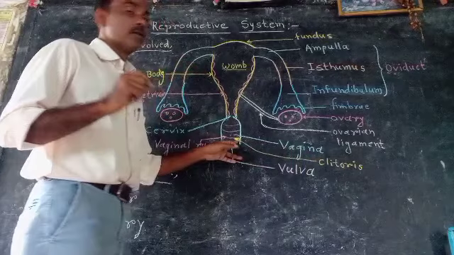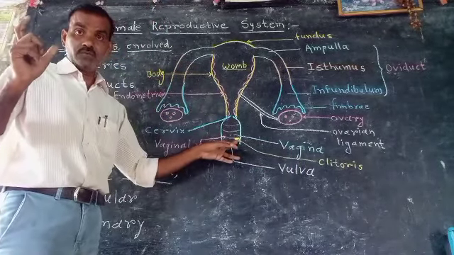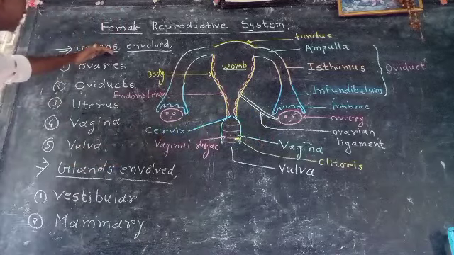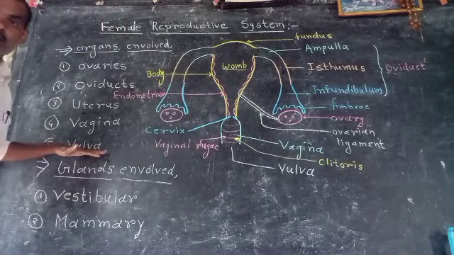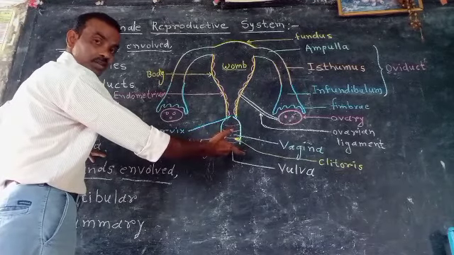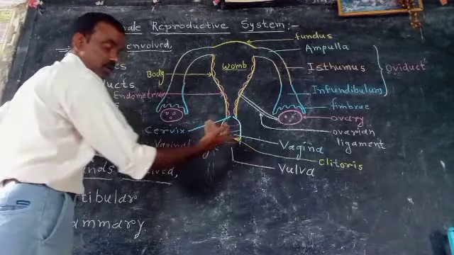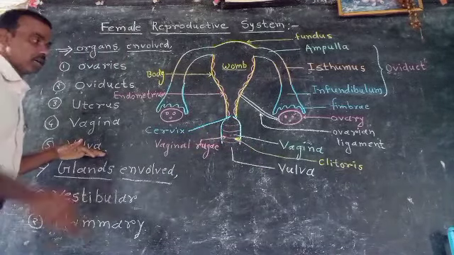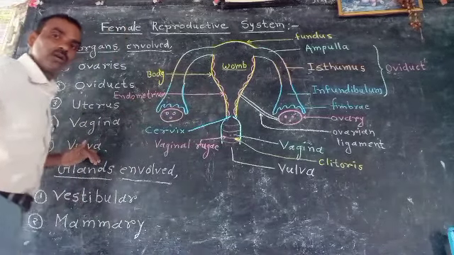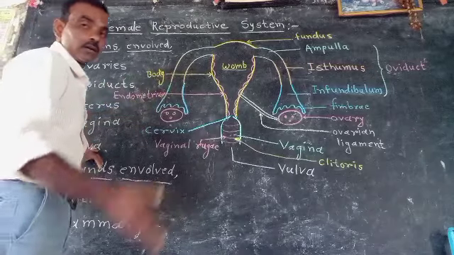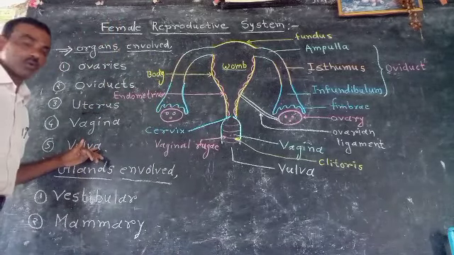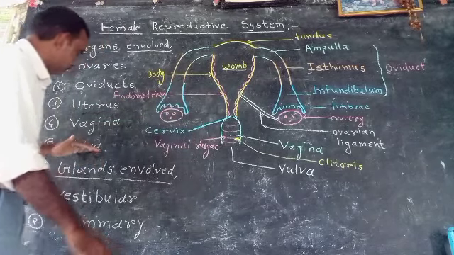That is about the organs involved in the female reproductive system. At the opening of the vagina there is a vulva, with the vestibule. Here there are two separate openings, one for urine and another for menstrual flow.